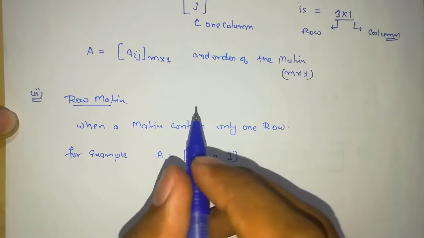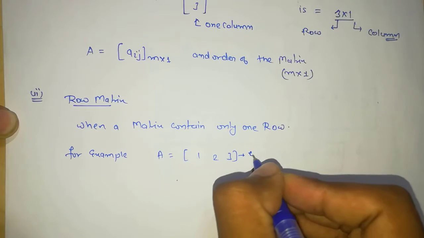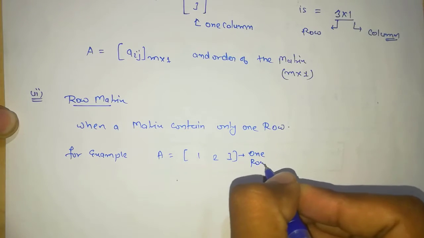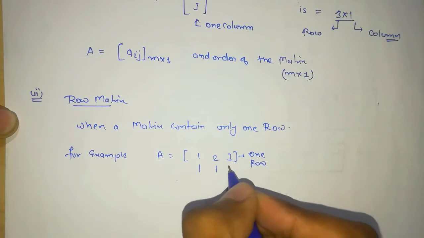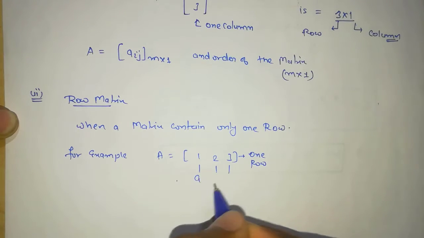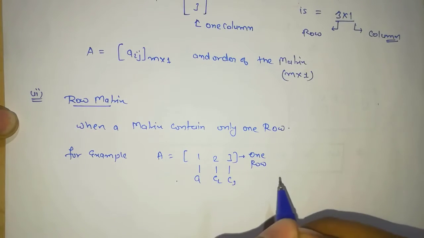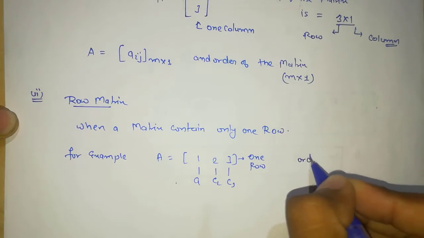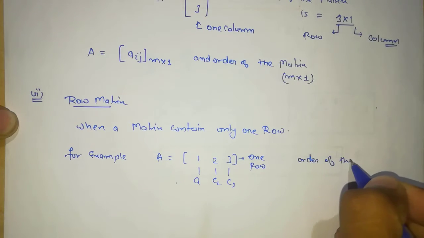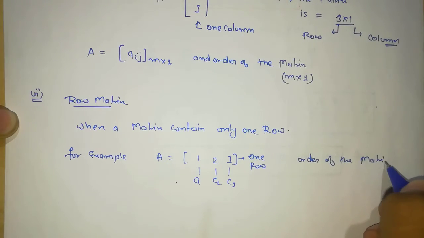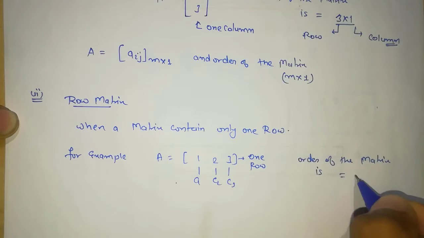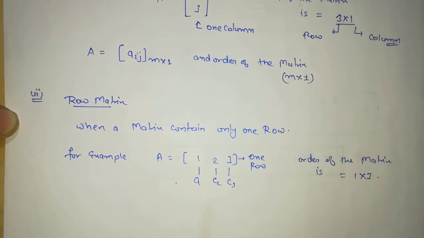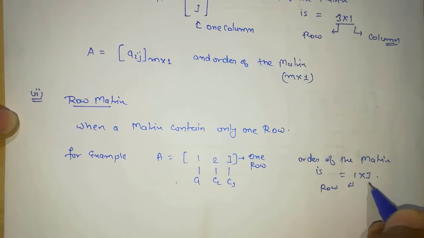Here we see only one row and 3 columns, C1, C2 and C3. So the order of the matrix is 1 cross 3, where 1 represents the number of rows and 3 represents the number of columns.